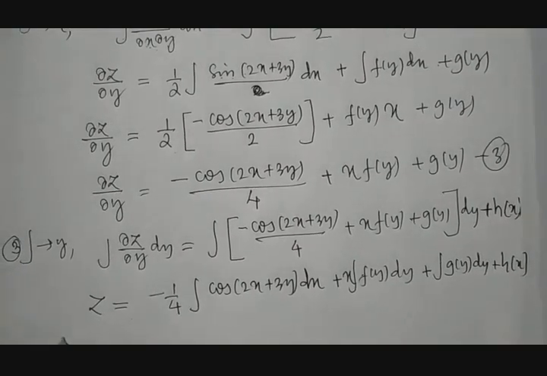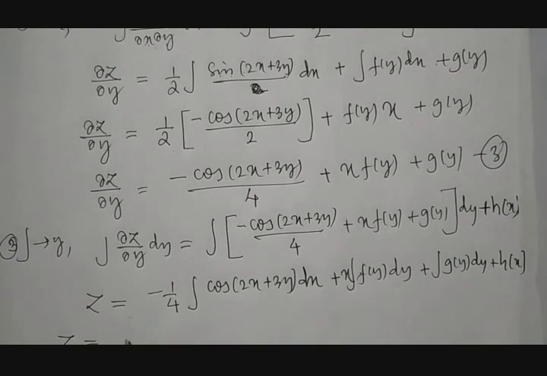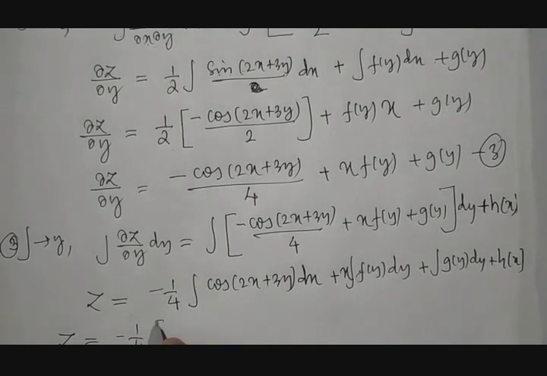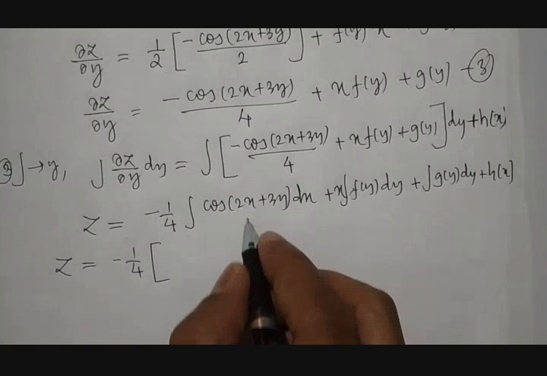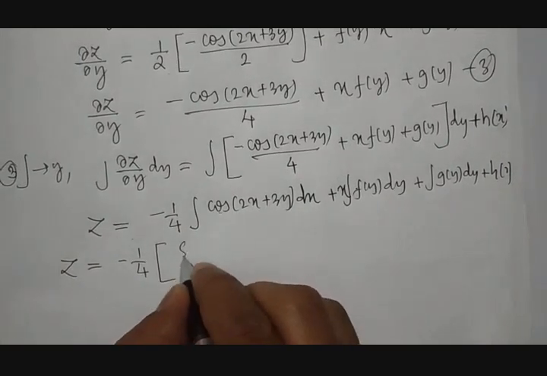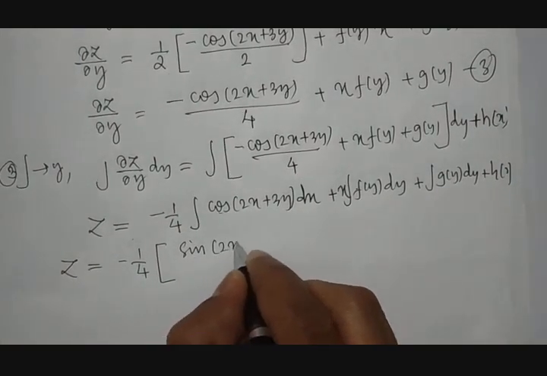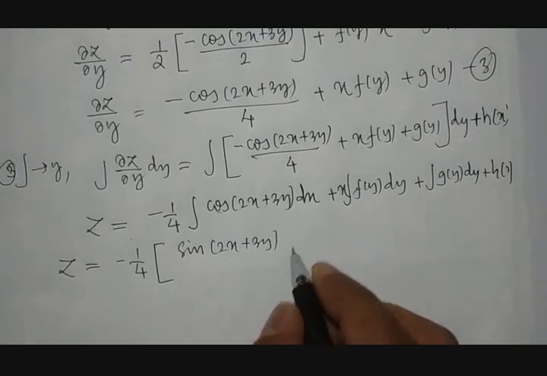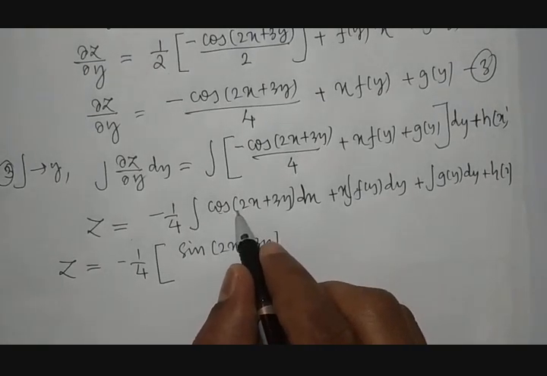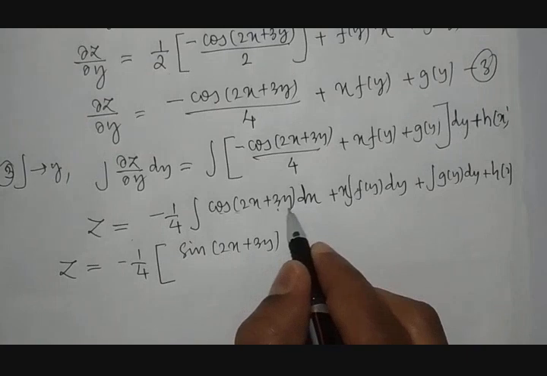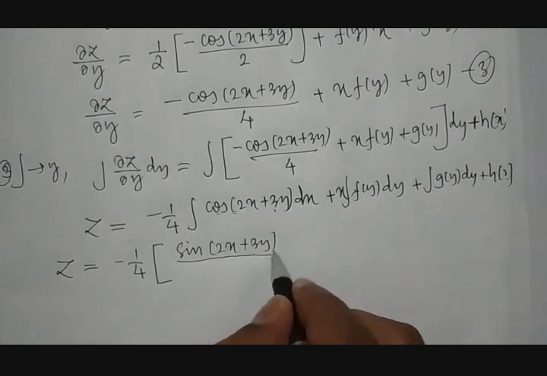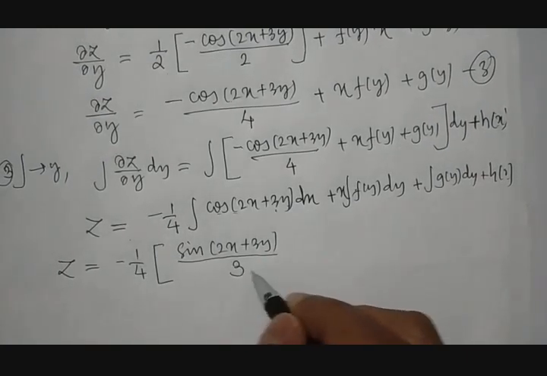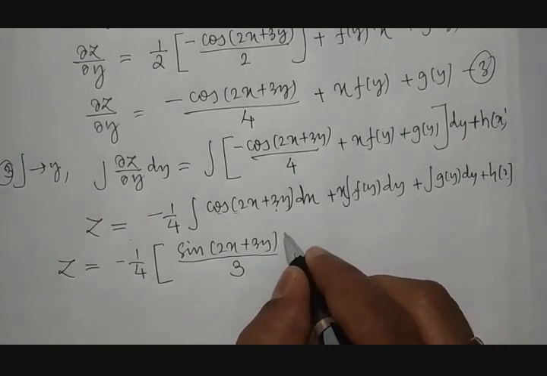Fine. Therefore z is equal to minus 1 divided by 4 into, again what is integration of cos? That is sine of (2x + 3y). Since we are integrating this with respect to y, it should be divided by the coefficient of y, which is 3. Please be careful.